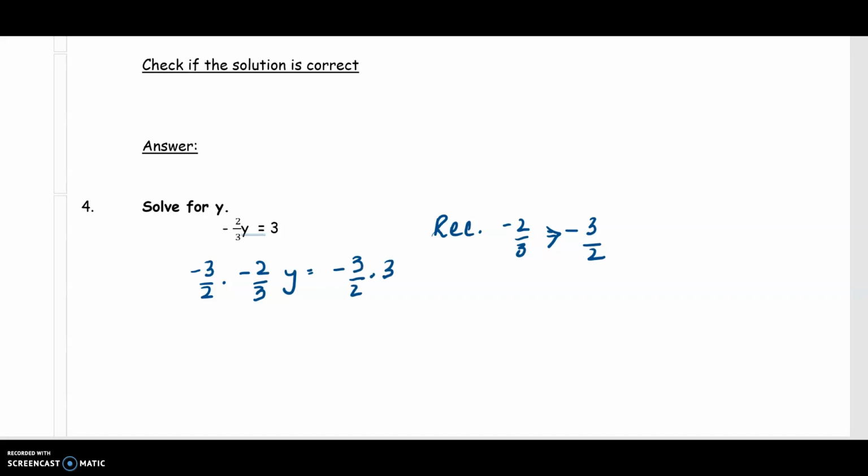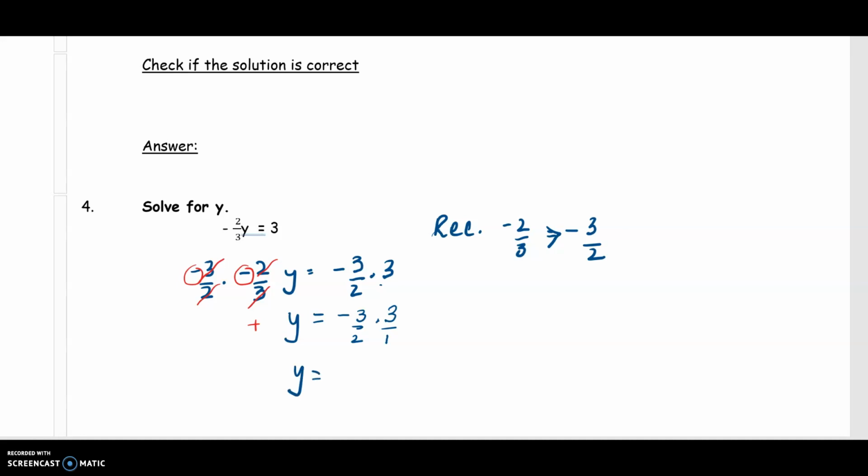So if I multiply negative 2/3 with its reciprocal, the 3 and the 3 get cancelled, the 2 and the 2 get cancelled, the negative 1 times negative 1 is positive, and I'm left with a positive y on the left and negative 3 over 2 times 3 over 1.